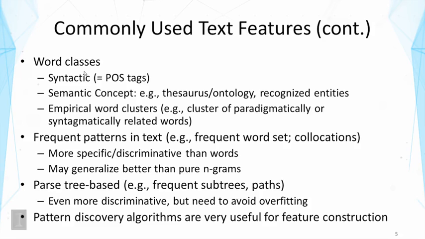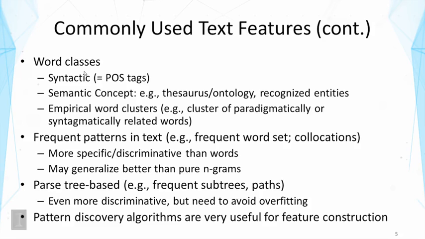The words that form a pattern do not necessarily occur together or next to each other, but we also have collocations where the words might occur more closely together. And such patterns provide more discriminative features than words, obviously, and they may also generalize better than just the regular n-grams because they are frequent. So you can expect them to occur also in test data.